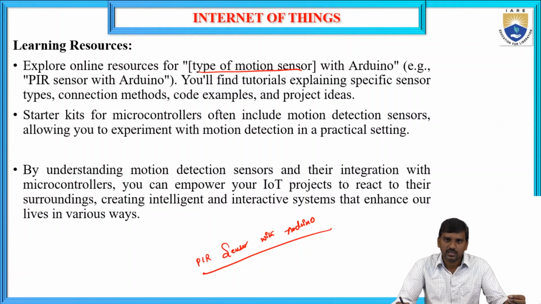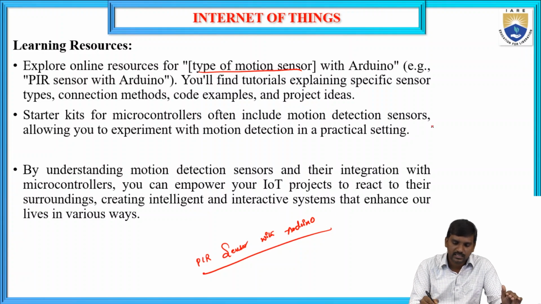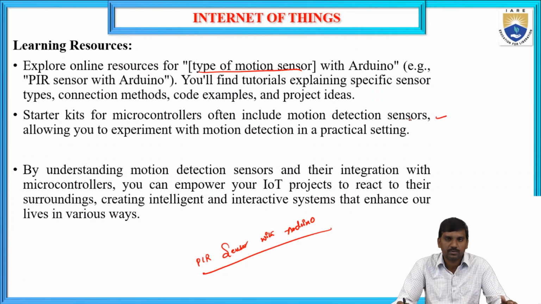You can also explore the data to develop new IoT devices or trending IoT devices. Starter kits for microcontrollers often include motion detector sensors, allowing you to experiment with motion detection in a practical setting. So that is the second one.